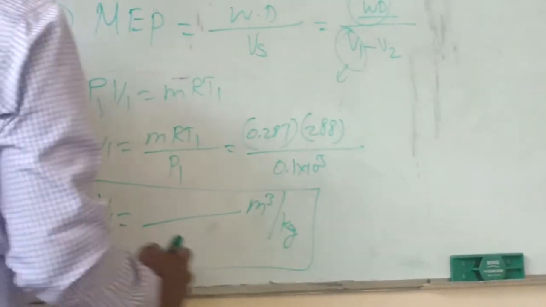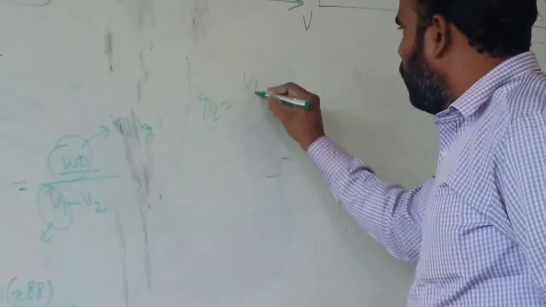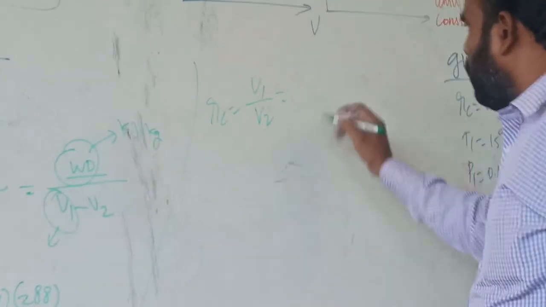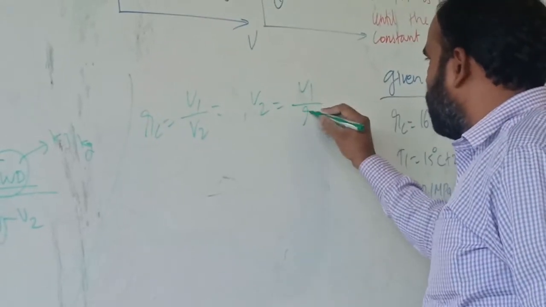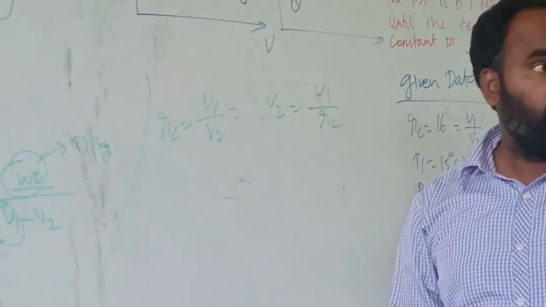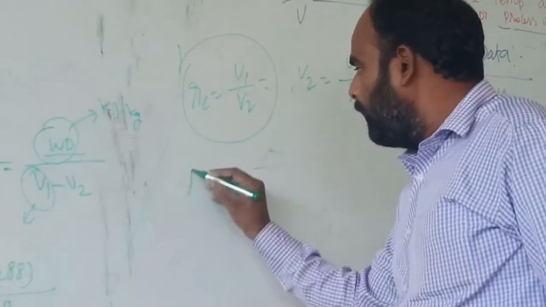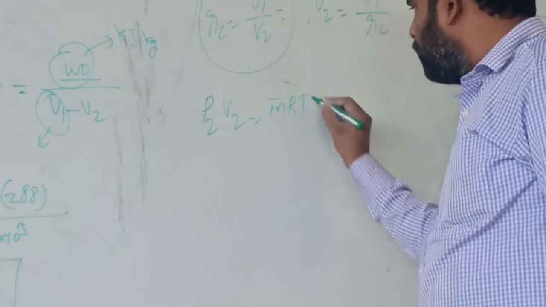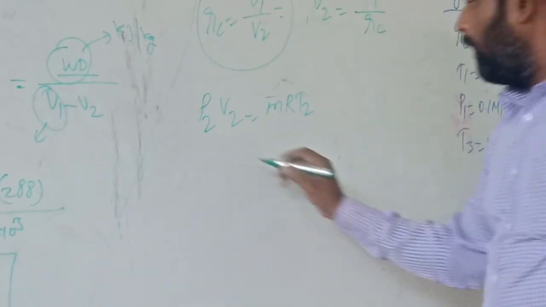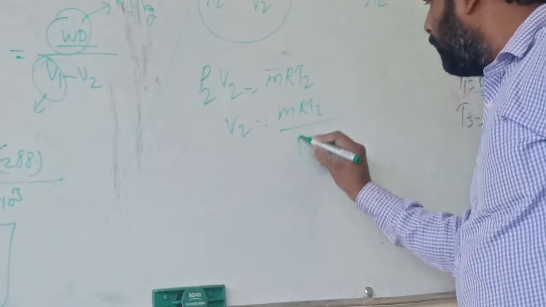If we know V1, then we can substitute. We know RC equal to V1 by V2, where V2 equal to V1 divided by RC. Otherwise, we can go for the ideal gas equation P2 V2 equal to mR T2, where V2 equal to mR T2 by P2.